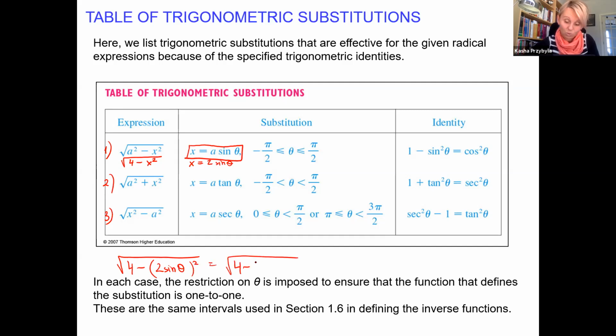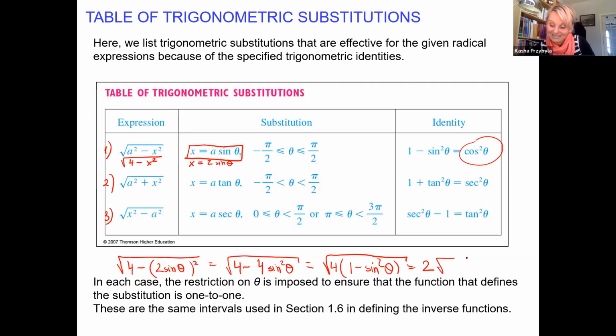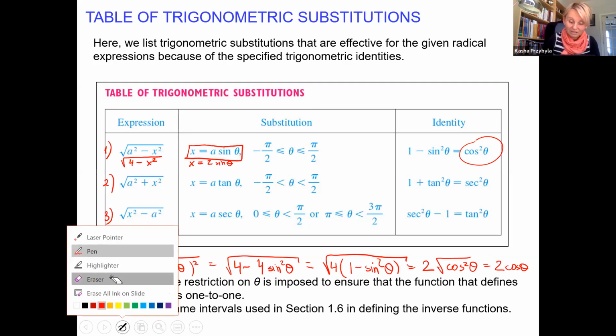I square this: 2 squared is 4, sine squared is just sine squared. I can factor out 4 and I have 1 minus sine squared theta. Square root of 4 is 2. How can I rewrite 1 minus sine squared? Yes, thank you. That's the point, because I will end up with cosine squared theta, and we know that we can simplify. That's the point, because of these identities.